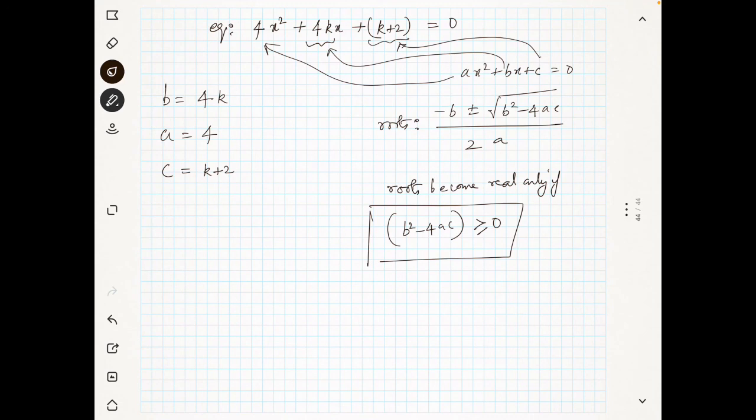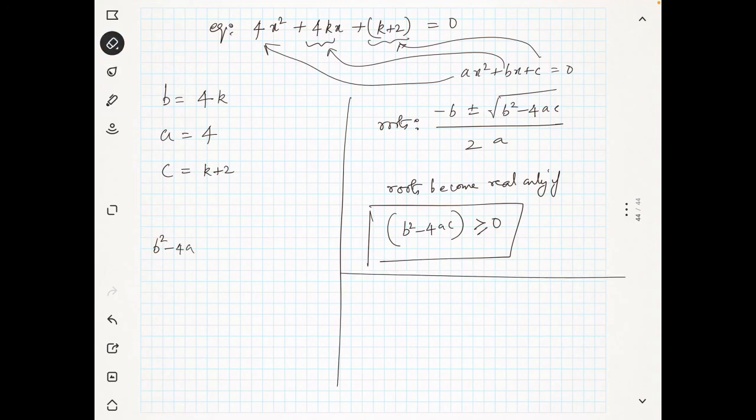It is nothing but 4 square k square, that means 16k square, minus 4 into a, which is 4, into c, where c is k plus 2.